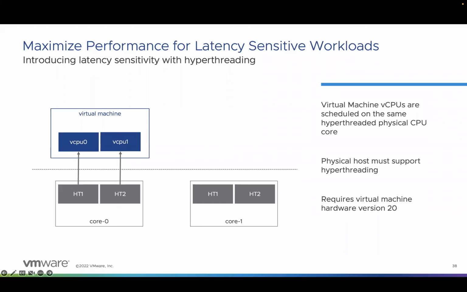If we didn't have this setting enabled, vCPU 0, for example, could be scheduled on core 0, and vCPU 1 for the virtual machine could have been scheduled on core 1 or core 2 or core 7. But with this setting, we try and maintain that they are always scheduled on the same hyperthreaded core.